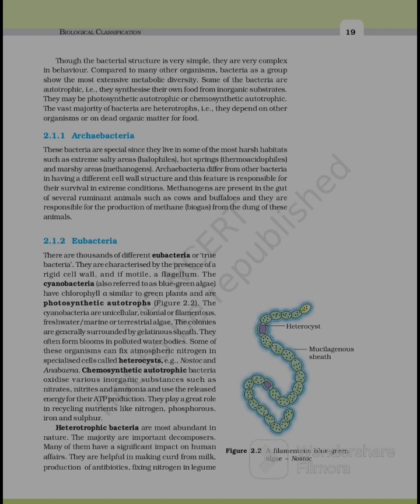Topic 2.1.2 Eubacteria. There are thousands of different eubacteria or true bacteria. They are characterized by the presence of a rigid cell wall and, if motile, a flagellum. The cyanobacteria, also referred to as blue-green algae, have chlorophyll a, similar to green plants, and are photosynthetic autotrophs.